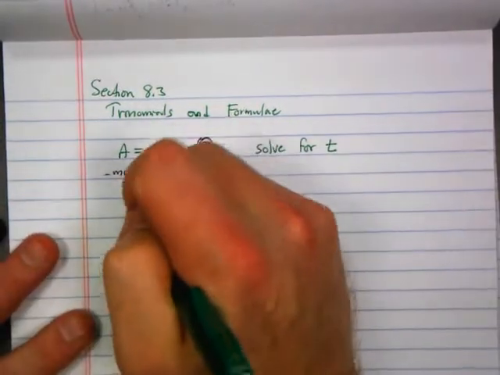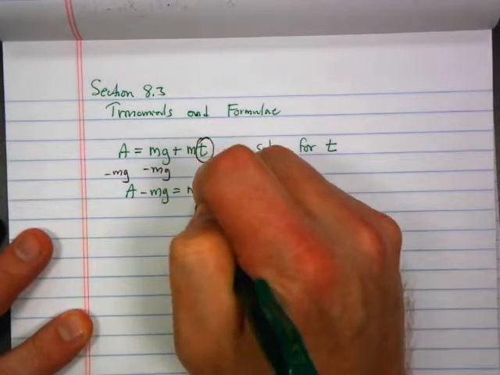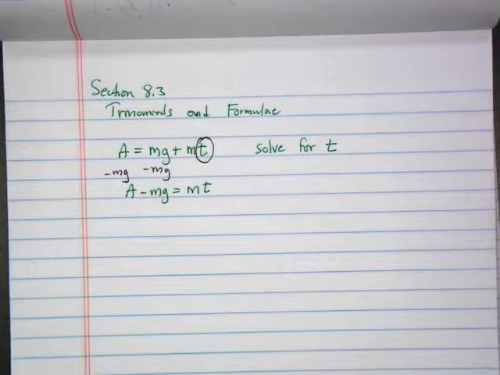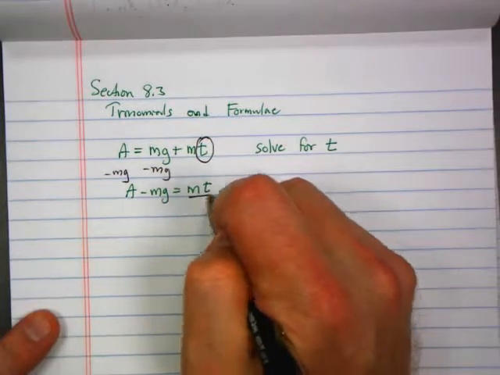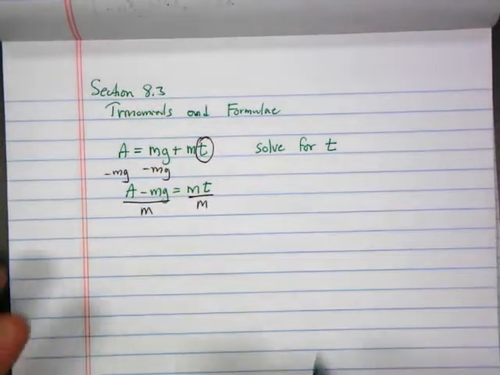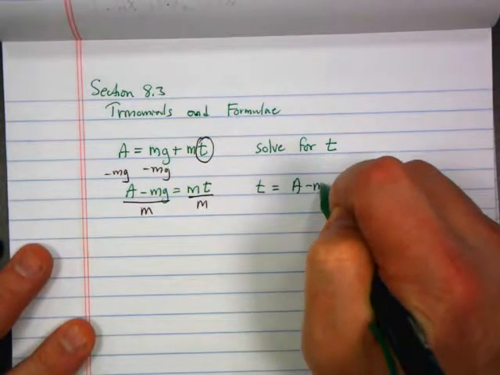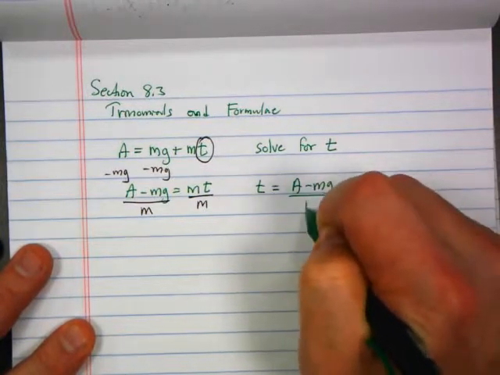So we would have a minus mg is mt. Now, the t is only connected using a multiply. The opposite of multiply is divide. So we divide by m, and we make sure we do it everywhere. So our final answer would be t equals a minus mg all over m.